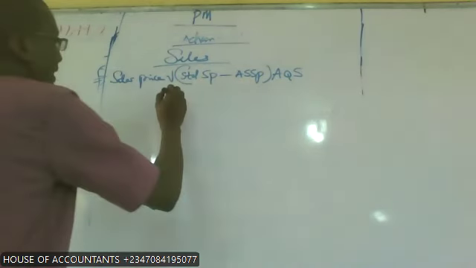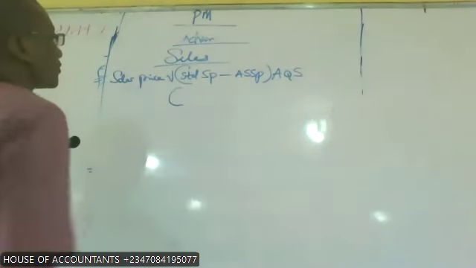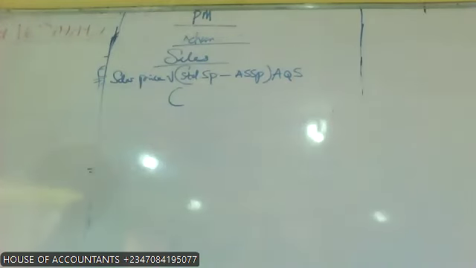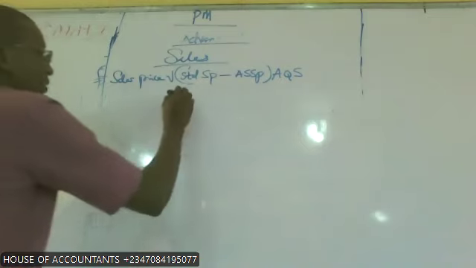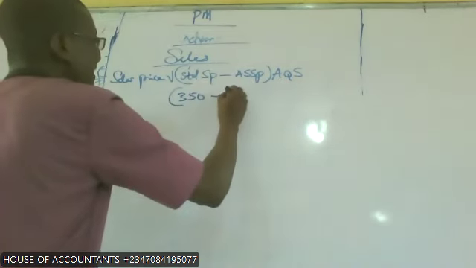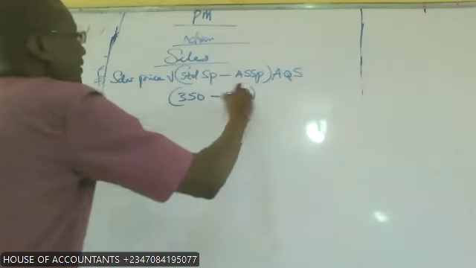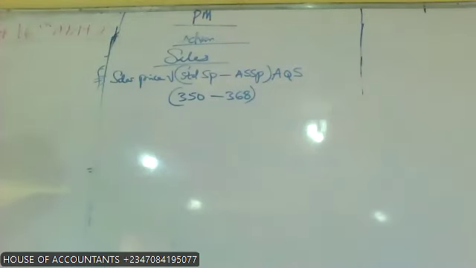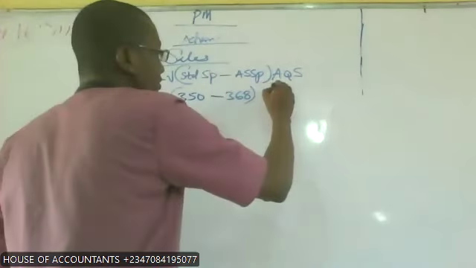So what is the standard price in the question? 350. Yes, you are right. 350 minus 368. How much is the actual quantity sold? 19,000.